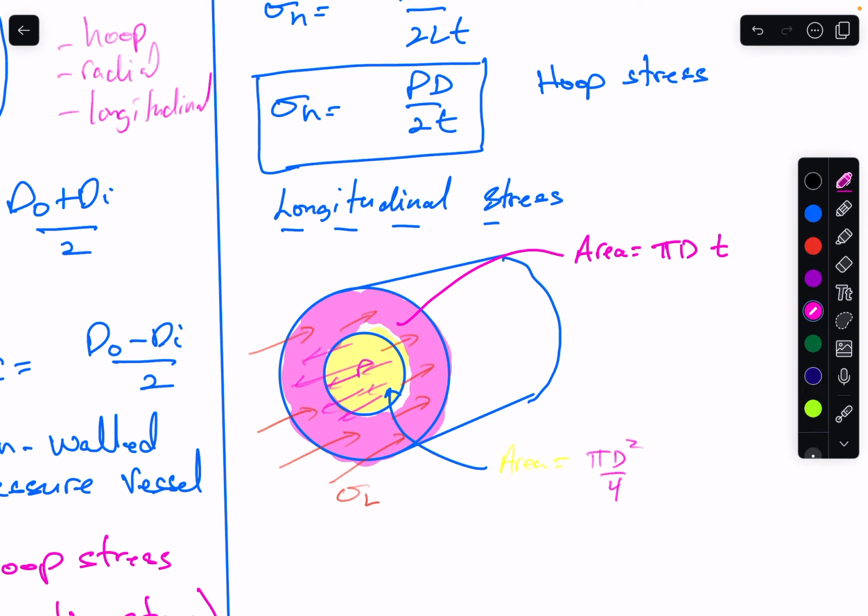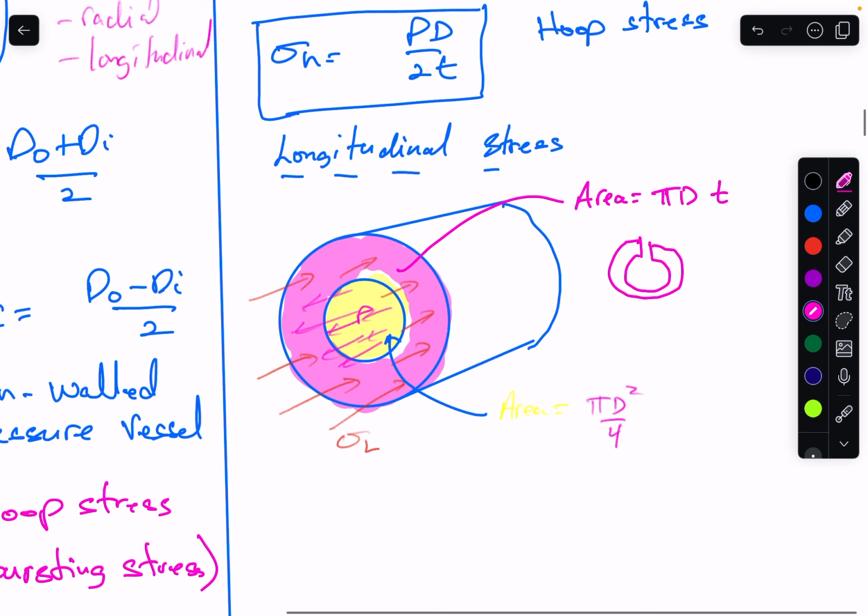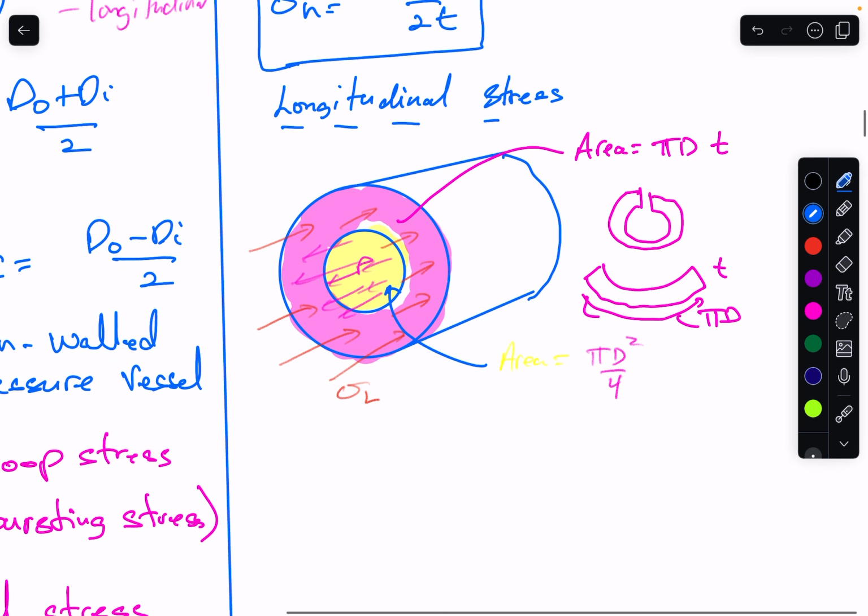We just unroll it out slowly, and we know that this length here is diameter by pi, and that's the thickness. So that's the area, pi by diameter by thickness.